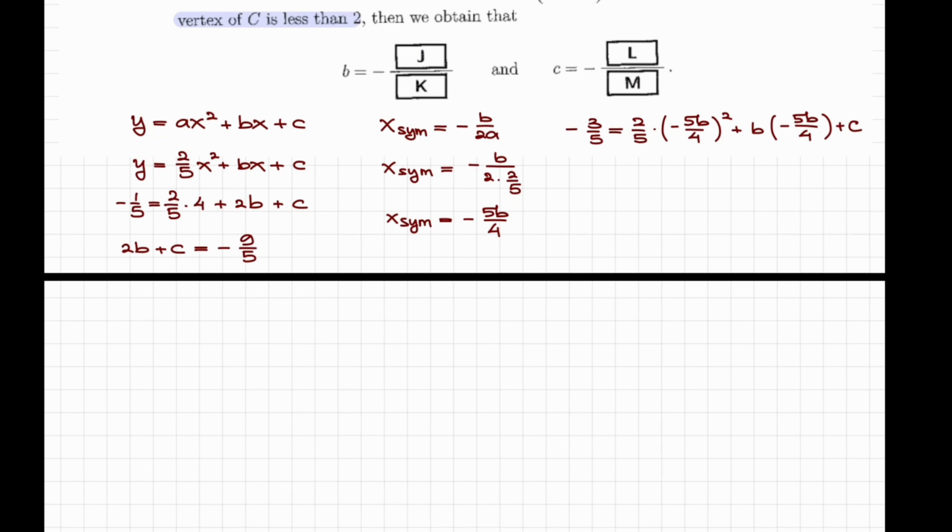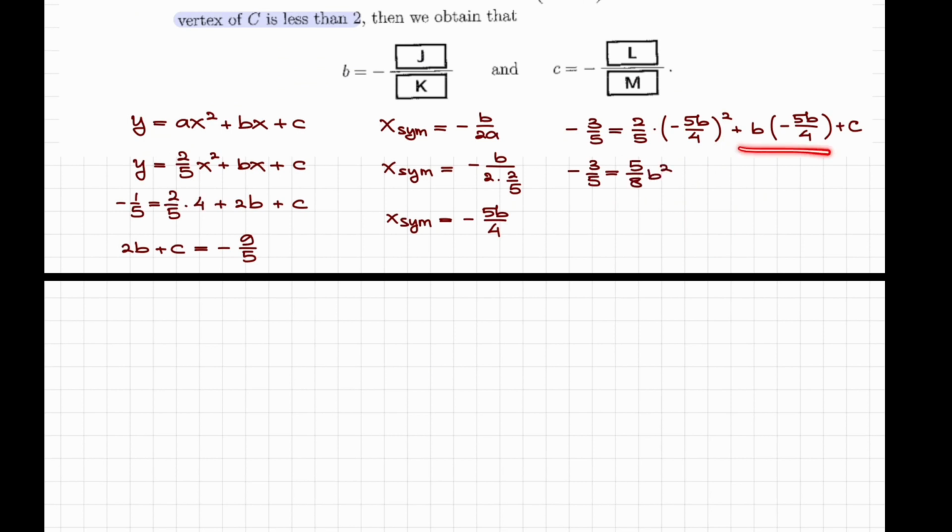First thing first, I think we need to simplify this equation. It looks a little bit messy, but we can simplify it, of course. 25/16 b squared times 2/5. 5 here, 8 here, so you will obtain 5/8 b squared.